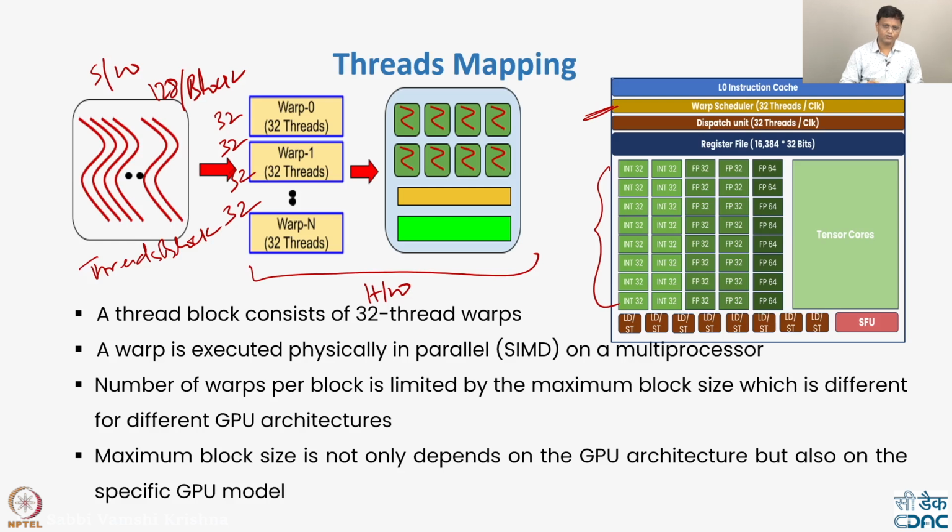Similarly, instead of 128 threads, you can make it 256 threads per block. In that scenario, the total number of warps will be 8, and so on. So warp is one entity that is executed physically in parallel on the streaming multiprocessor.